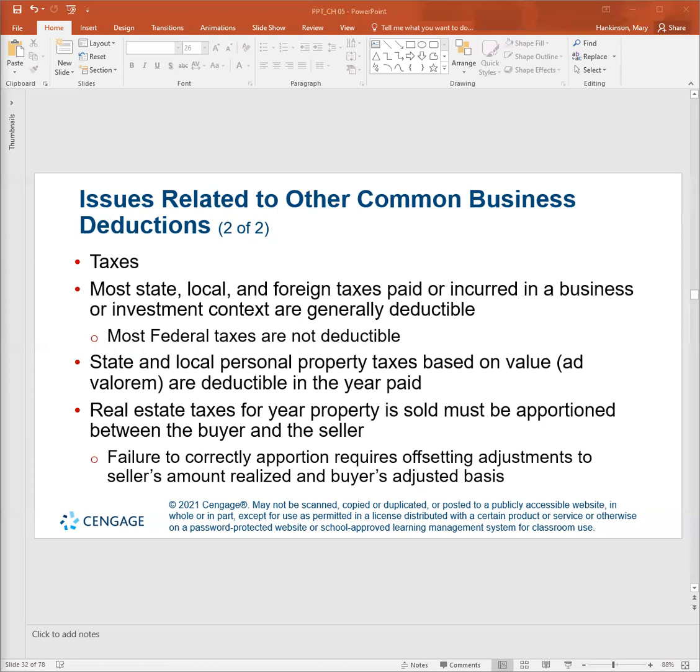The apportionment determines who is entitled to deduct the real estate tax in the year of the sale. The required apportionment prevents the shifting of the deduction for real estate taxes from buyer to seller or vice versa. The date of the sale counts as a day the property is owned by the buyer.